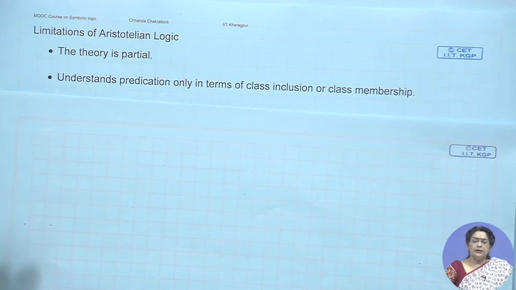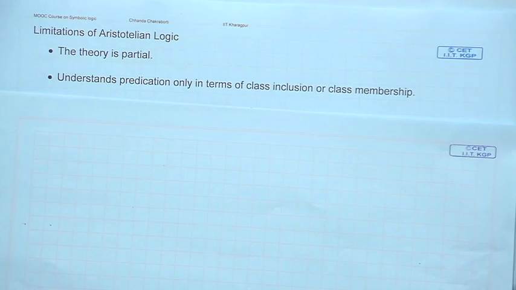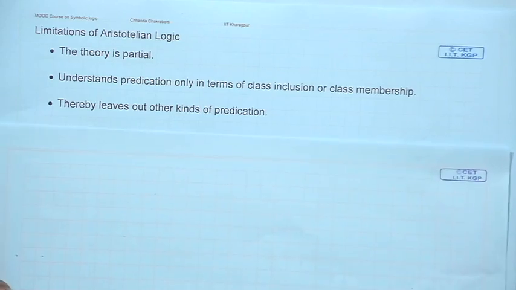It only looks into a certain subset of propositions, namely the categorical propositions, and that too it tries to approach only through predication in terms of class inclusion or the negation of class inclusion. That is the lens that it uses, and that becomes its definite limitation, because there are so many other kinds of predications possible.